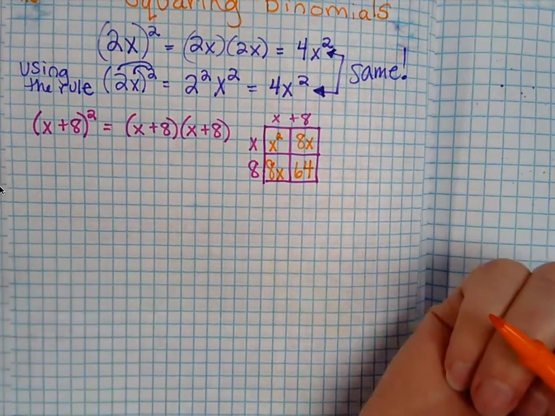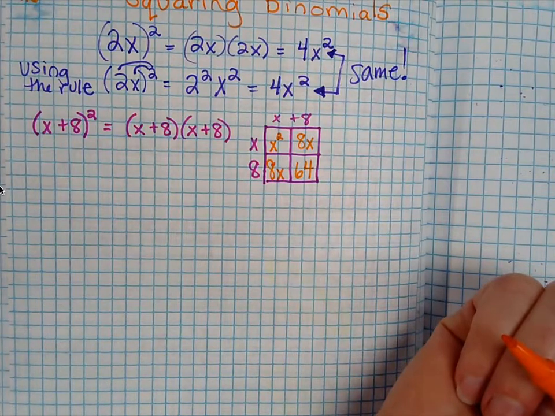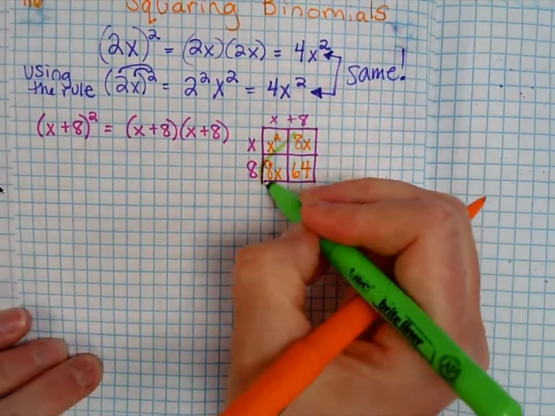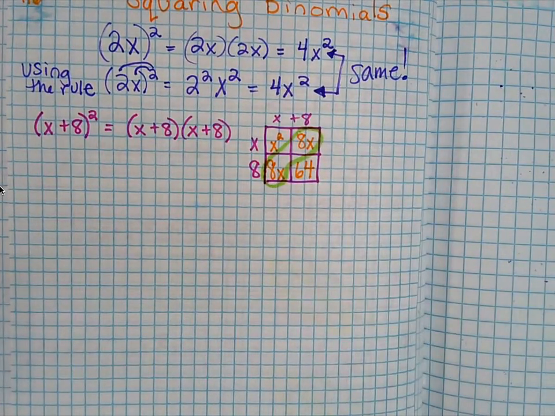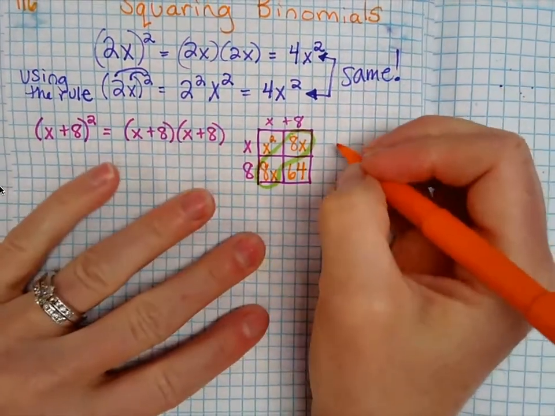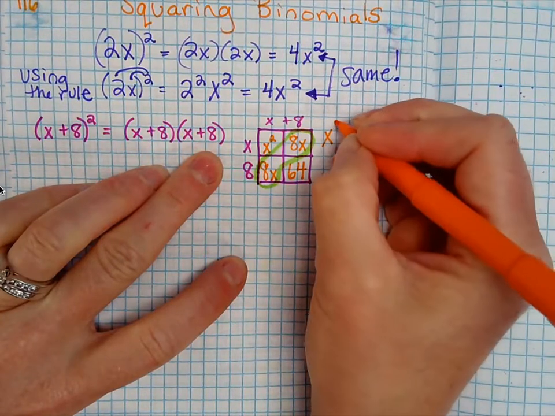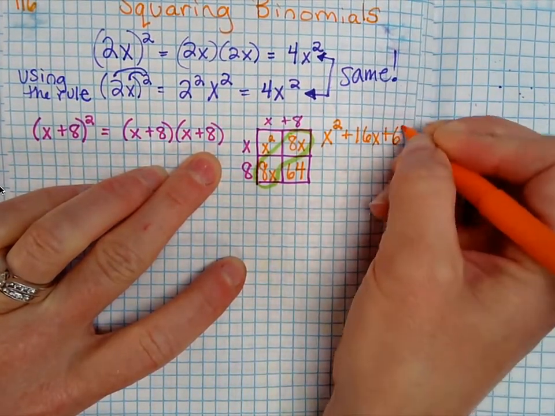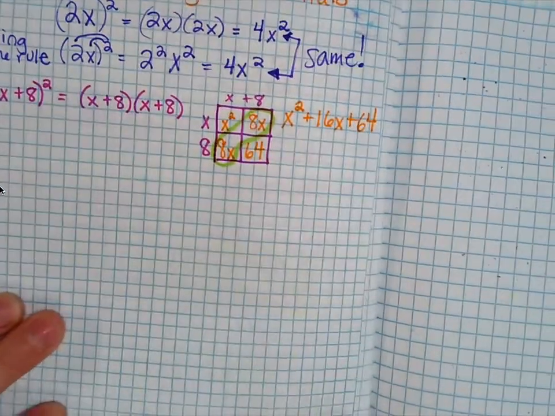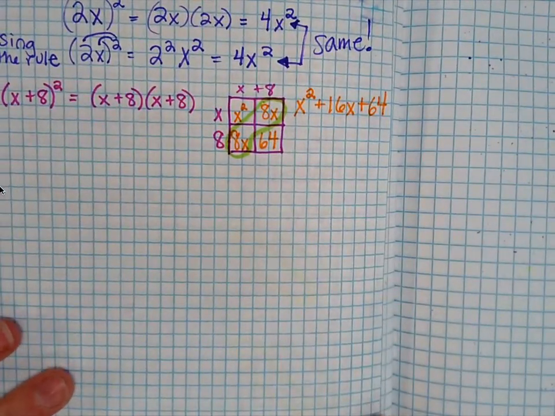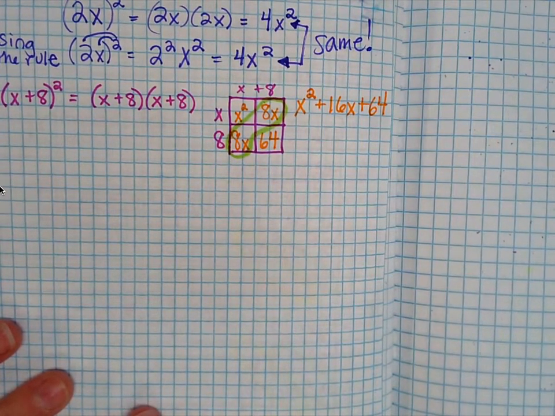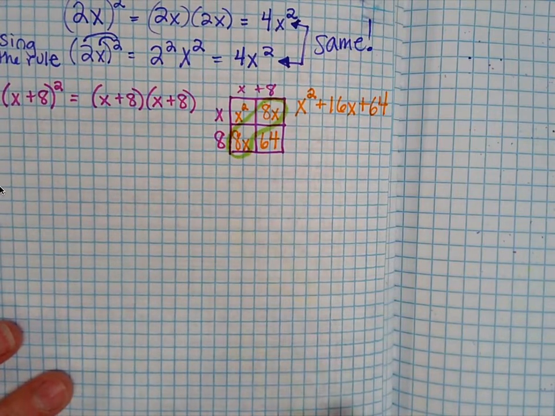And then we combine our like terms, which is the 8x's. So we have 2 8x's. So 8x plus 8x. So x squared plus 16x plus 64. So expanding it out and multiplying, that is the method that always works.